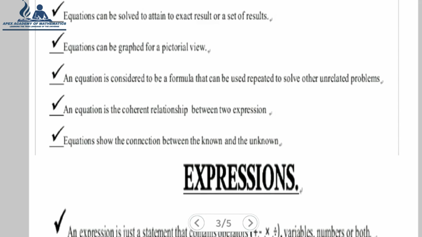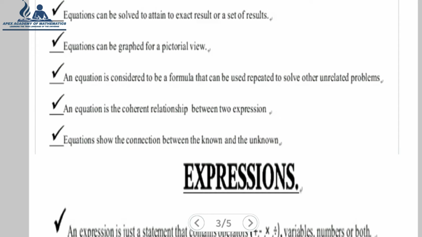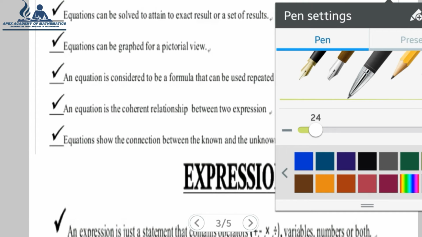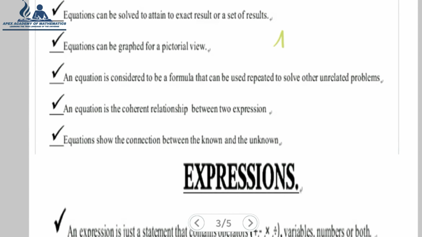An equation is considered to be a formula, which can be used repeatedly to solve other related problems. We have some formulas that we name as formulas, but we also refer to them as equations. You may be used to the common term here, let's say A equals pi r squared, which we know is the area of a circle, and we say that this is a formula.